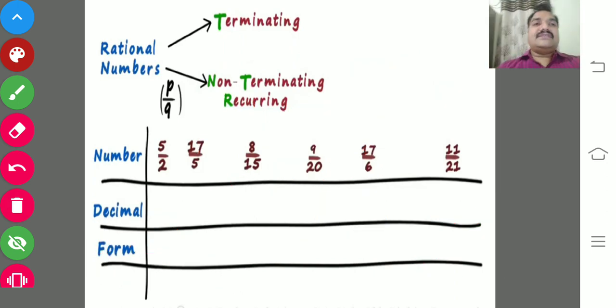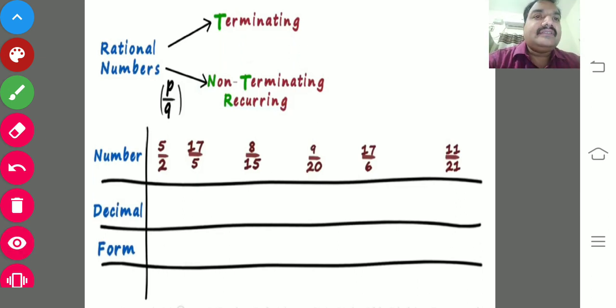So what we have discussed, children, when you observe any rational number, you focus on the denominator part. If the denominator is in the form of 2 power m into 5 power n, it should be terminating. Suppose the denominator is not in the form of 2 power m into 5 power n, it's not terminating, it's non-terminating recurring. I hope you could understand the exercise.